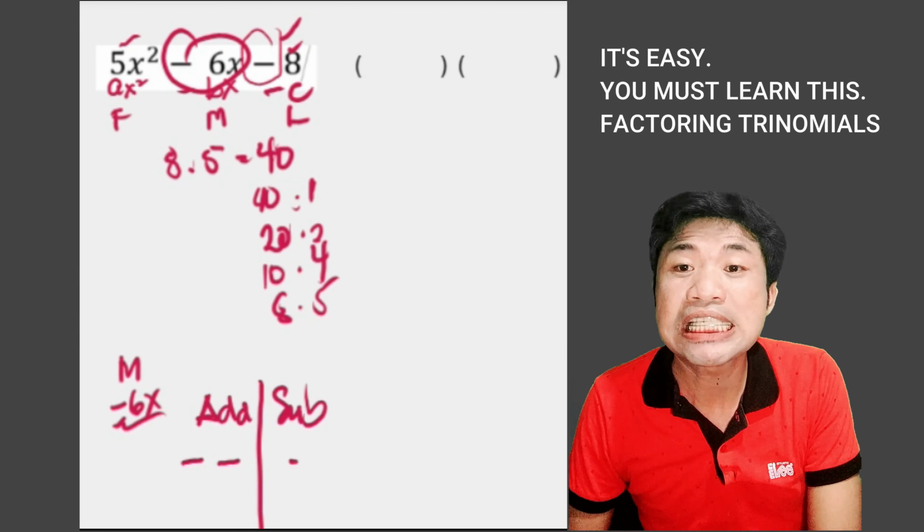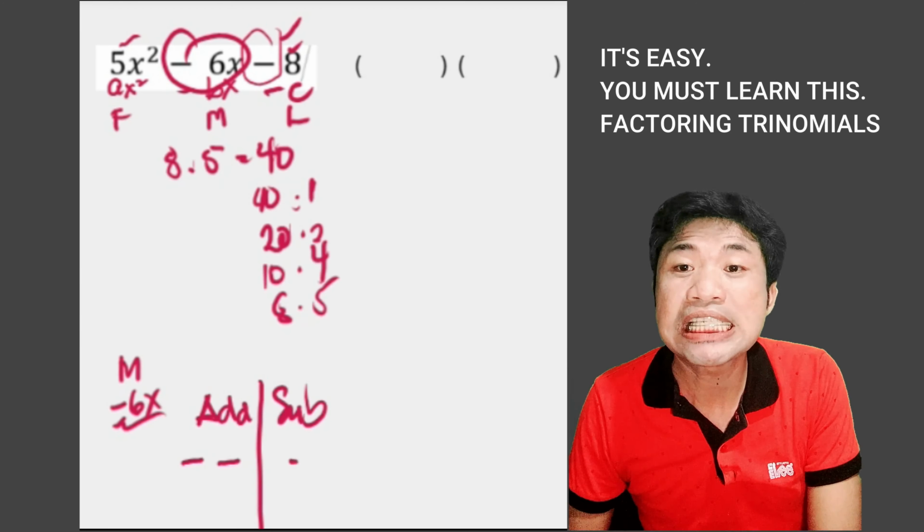Yung negative 8 natin, di ba yung last term is resulta po yan ng multiplication, the product po yan. It's either one of the factors, negative or positive. So, positive, negative, negative, positive. Addition natin doon sa middle term can't satisfy the definition of signs doon sa last term na ginawa natin. We will cross that out.